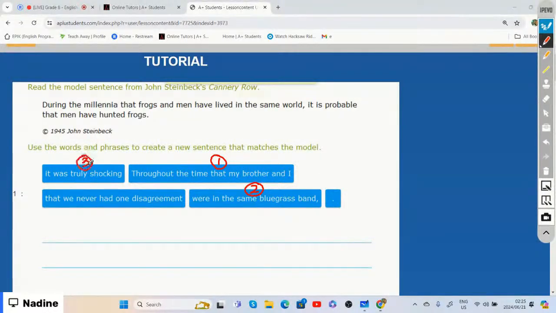Number four, that we never had one disagreement, and then we have our period, which means that our sentence comes to an end. If we use those words and phrases to create the new sentence, it will read as follows: throughout the time that my brother and I were in the same bluegrass band, it was truly shocking that we never had one disagreement.